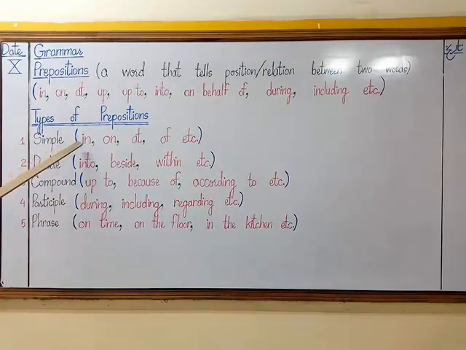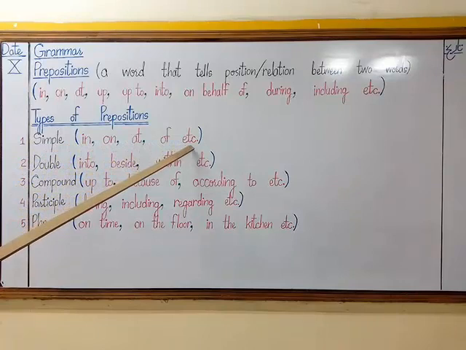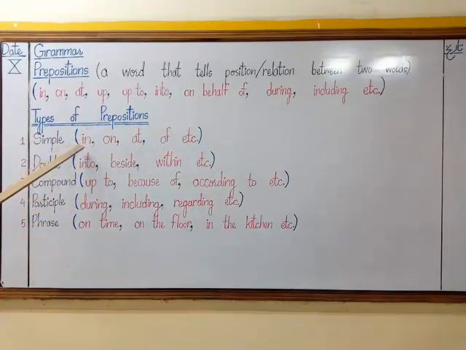In simple prepositions we use in, on, at, of, etc. These are one word prepositions, and these one word prepositions are called simple prepositions. The second type of preposition is double. A double preposition is a combination or joining of two prepositions as one: in and to becomes into, one preposition, although this one preposition is made up of two prepositions.